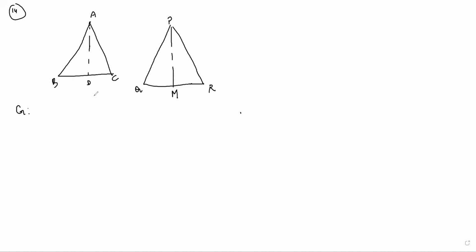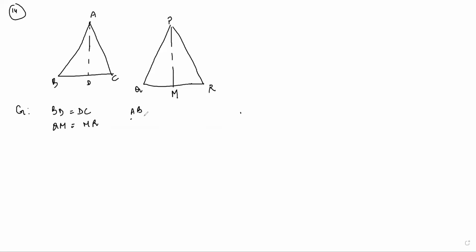First of all, it is given that AD is a median, so BD is equal to DC. And also it is given that PM is a median, so QM is equal to MR. Then it is given that side AB is proportional to PQ.